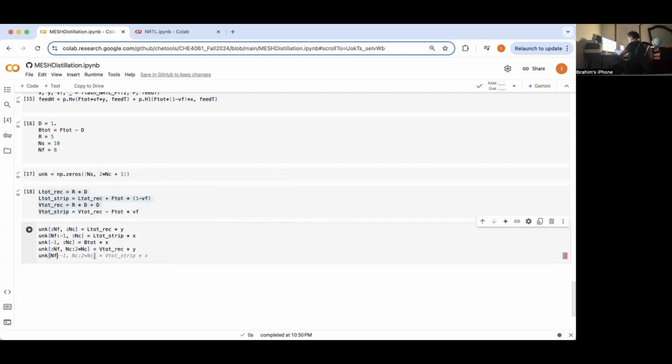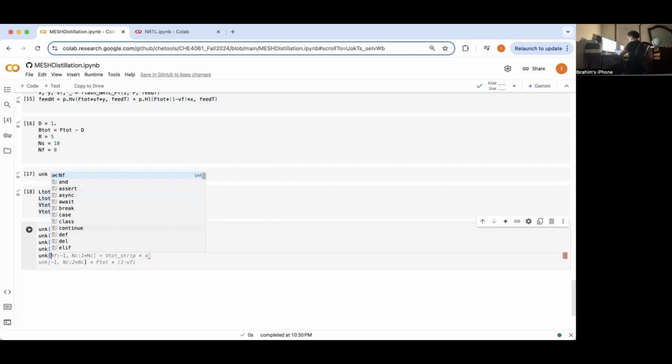Looking at NF here, for our next one we're putting NF with our semicolon, and then, okay, I'm starting to forget a little bit. Let me pause this.